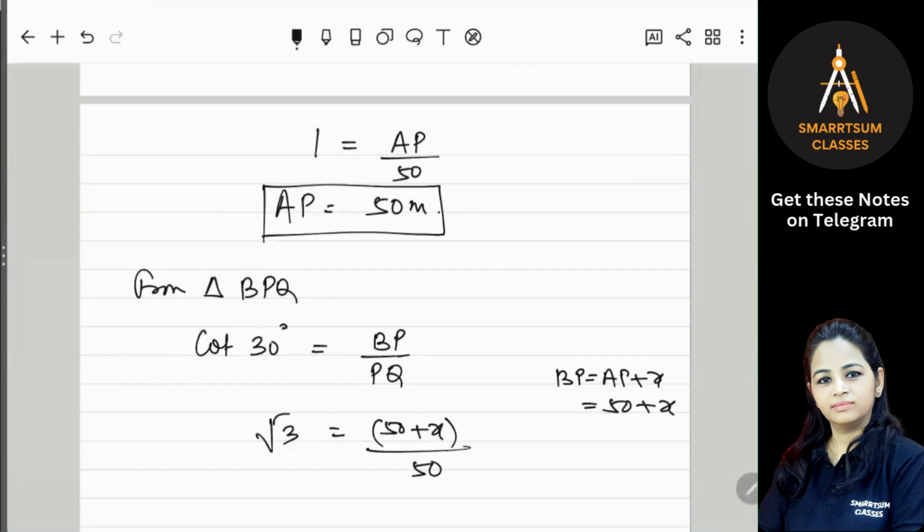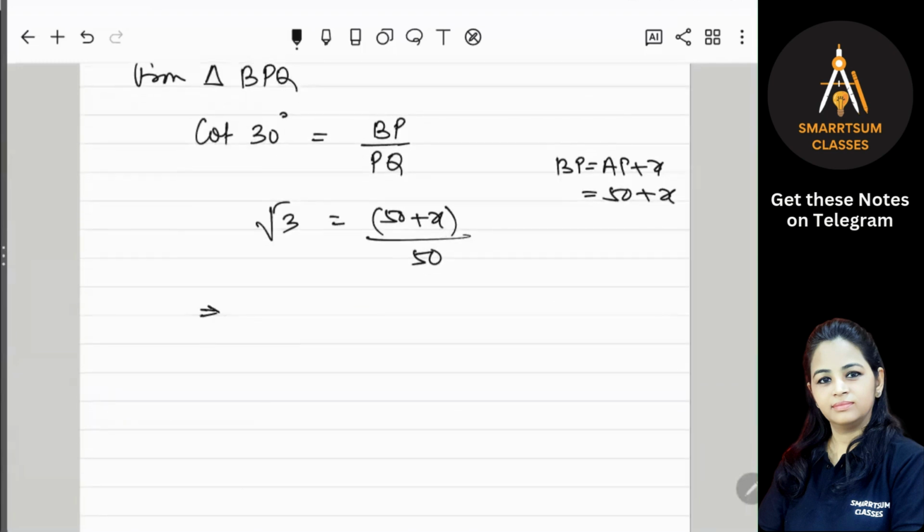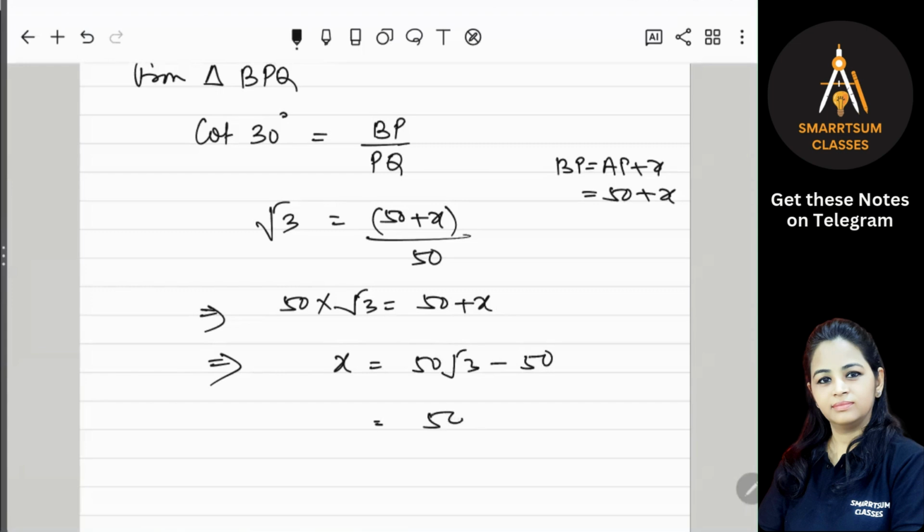So from this, we can say that 50 into root 3 is equal to 50 plus x. Now x is equal to 50 root 3 minus 50. Taking 50 common, x is 50 times root 3 minus 1.